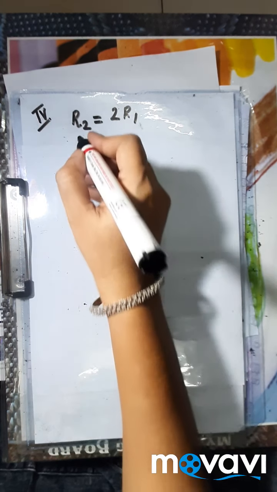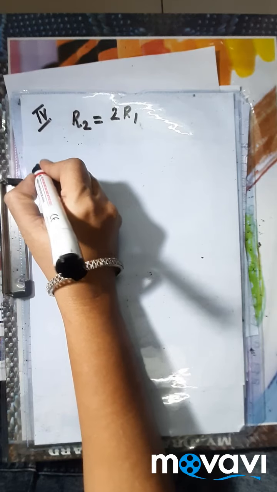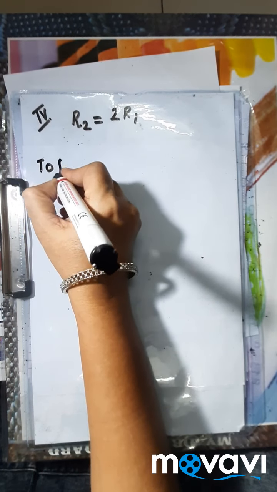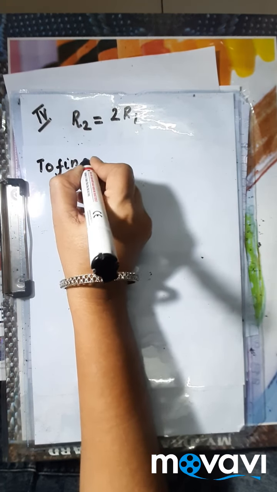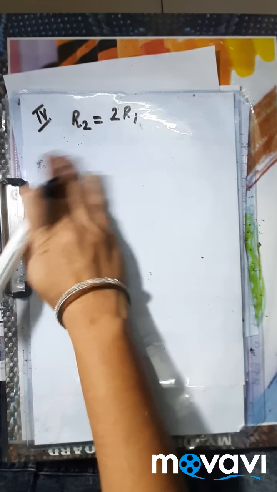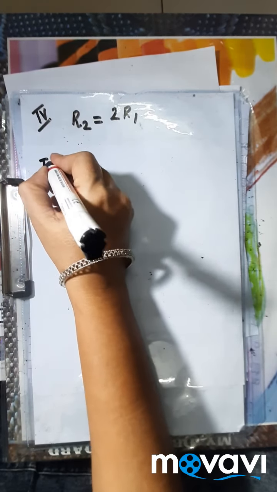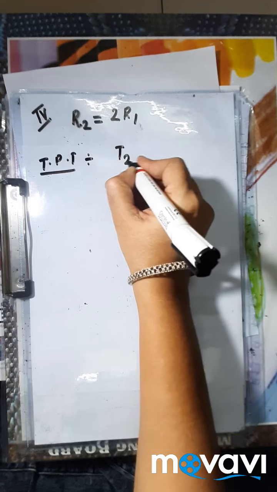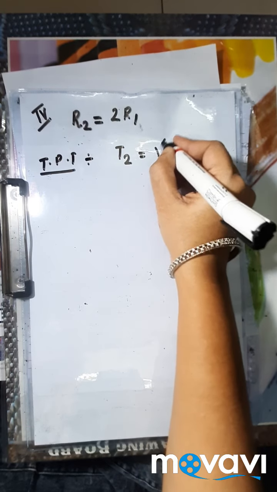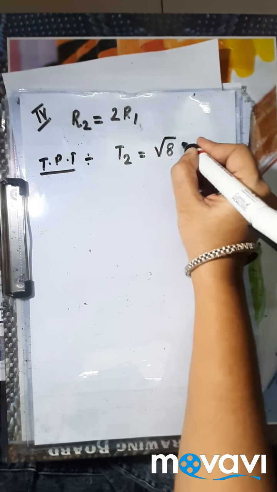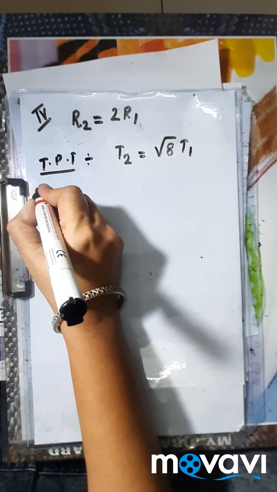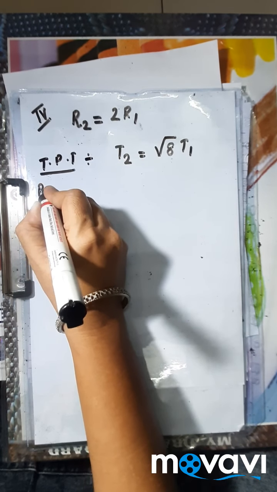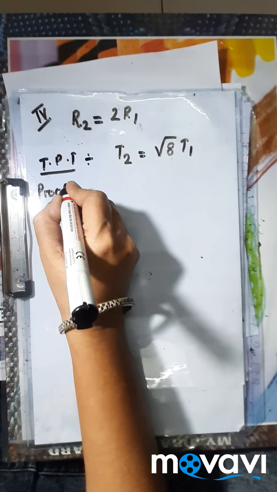So now, actually to prove that the period of revolution, that means t2, is equal to root 8 multiplied by t1. Okay, now see how we will write this proof or the derivation.